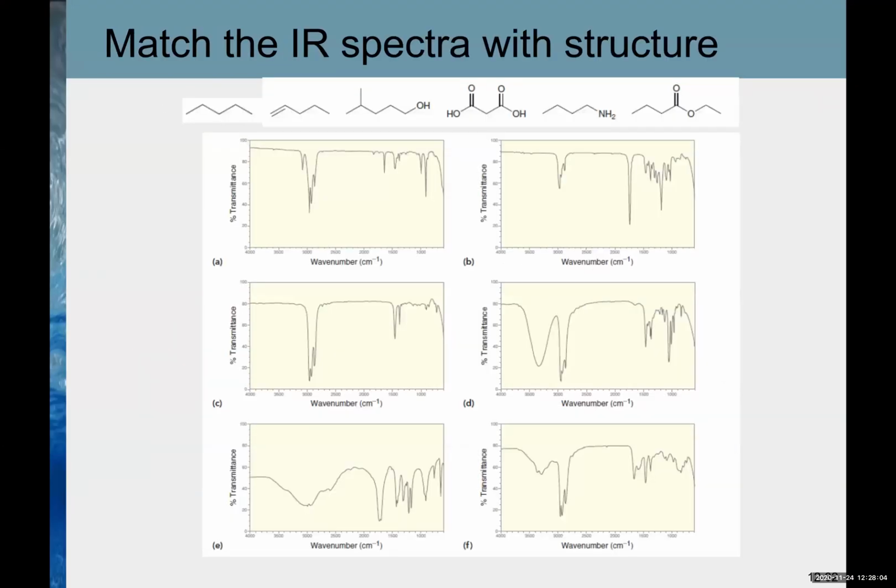This one is interesting. So in this problem, we have 6 different IR spectra, and then we have 6 molecules we have to match. Let's go one by one. Let's go with A. So what do you think? A belongs to what?